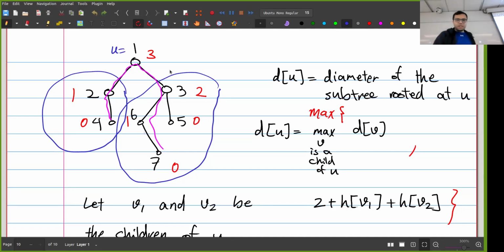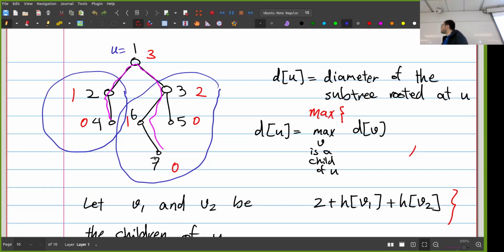So for example, here, if I say this is level 0, this is level 1, level 2, and level 3, I have this leaf 7 at the last level. And I say that my dynamic programming always chooses 7 as one of the endpoints of this longest path in the tree. Okay.